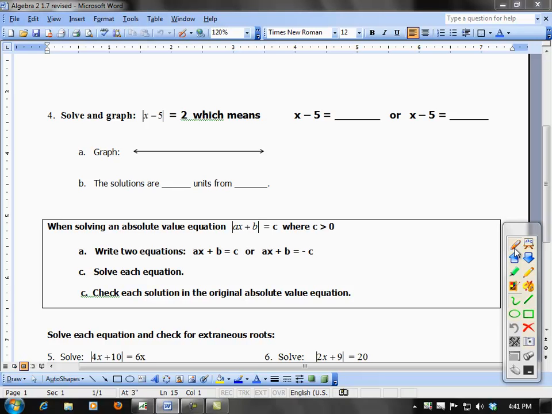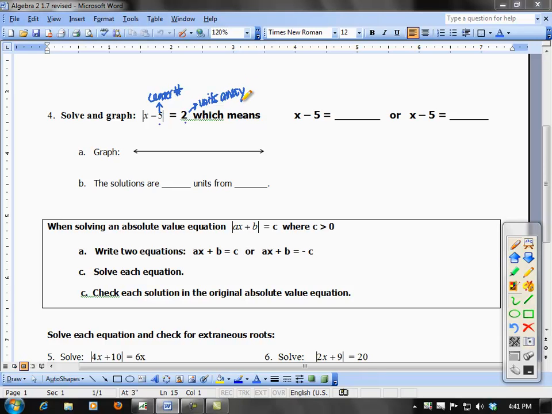If I look at the center, where the center is kind of in the middle of the absolute value, the question is, if I'm at 5, what numbers do I have to be at to be 2 units away? Okay, so let me try and explain this here. This is going to be my center number. I don't know if that's the way to say it, but I'm going to say that. This is how many units away.